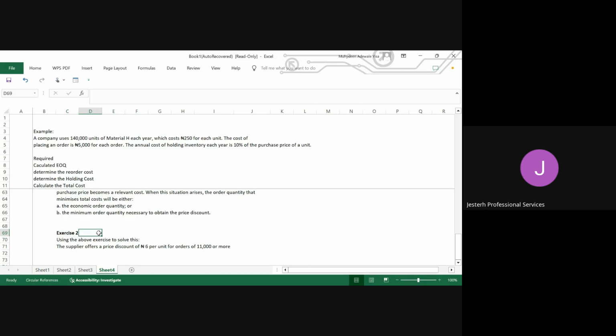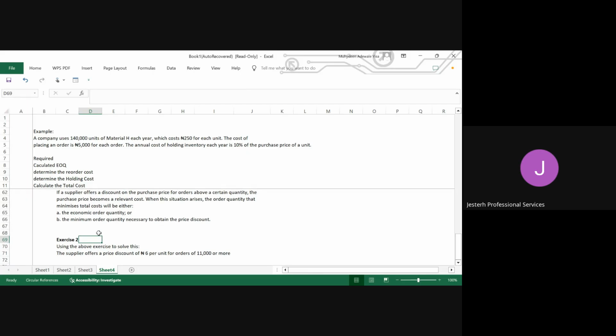Now, it is left to the company to come up with whether we should go in line with what our supplier demands from us by giving us a certain discount on whatever we are buying.